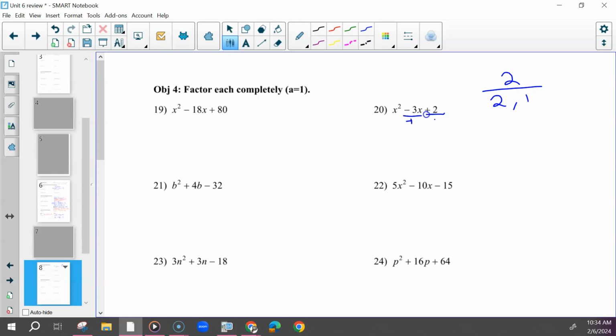In this case, there's only one set. And think about how you could add or subtract them to make this negative 3. How could I make them negative 3? They both have to be negative. So, if this is positive and this is negative, these both have to be negative. You may have to change your signs.